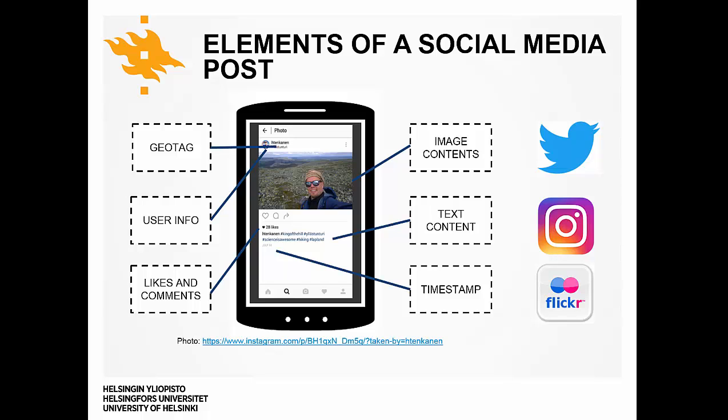But if we think about the Twitter, Instagram and Flickr posts, they are fairly structured in the end. They are fairly approachable when we look at what they actually contain. So if there's a post in Instagram, like Henrikkiin here in Finnish Lapland in National Park, that has different bits.